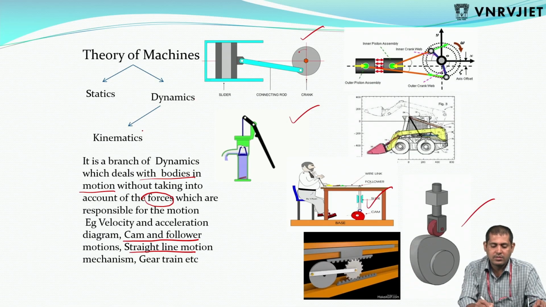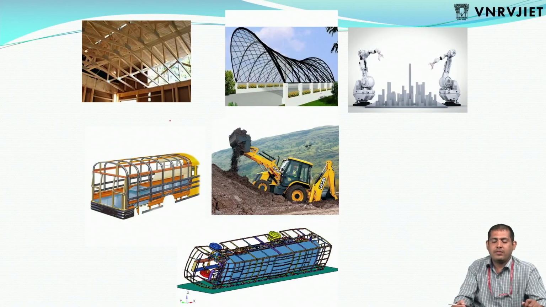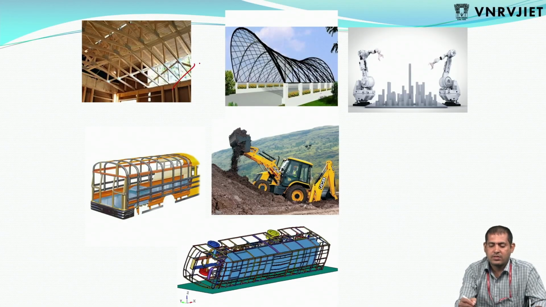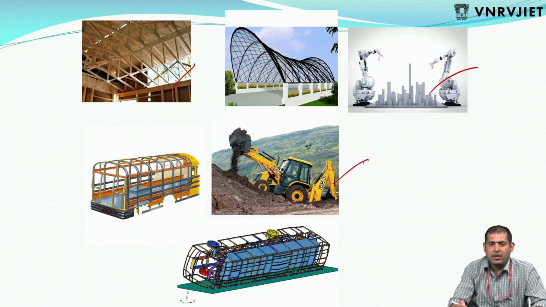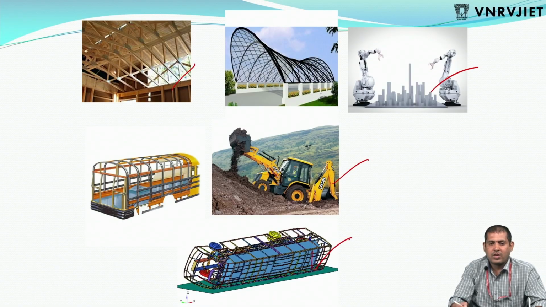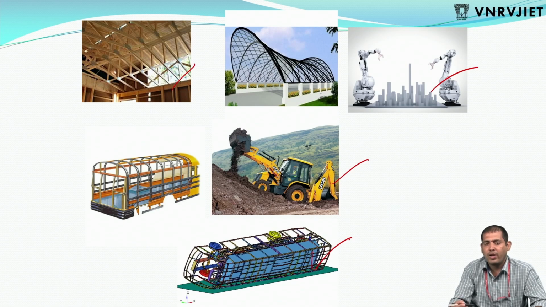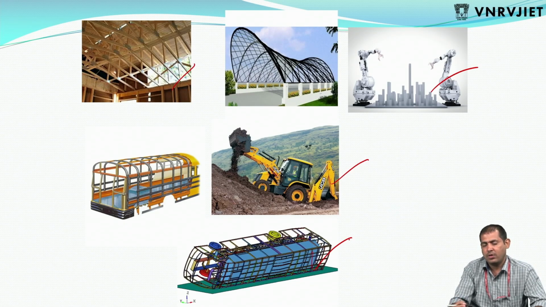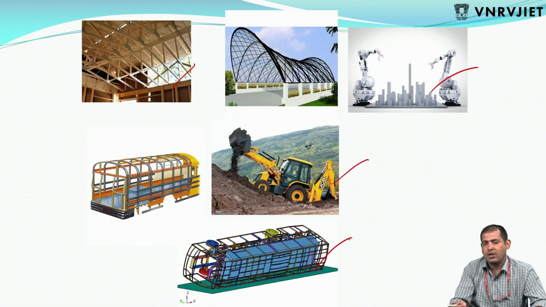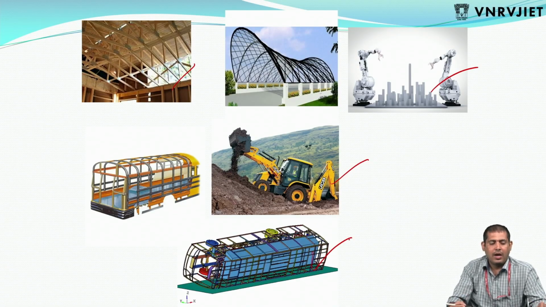We are going to learn all of this here. Here are a few examples: some structures, some robot machines, some JCB, and here is a structure. Here we are going to analyze and simulate what different forces are developed, what its deformation is, and up to what forces it will extend. Everything we are going to analyze here.